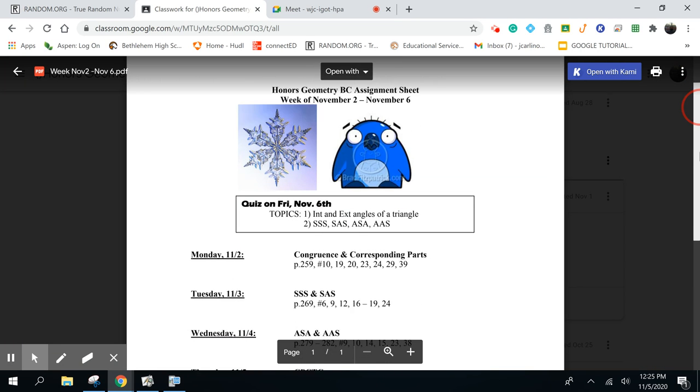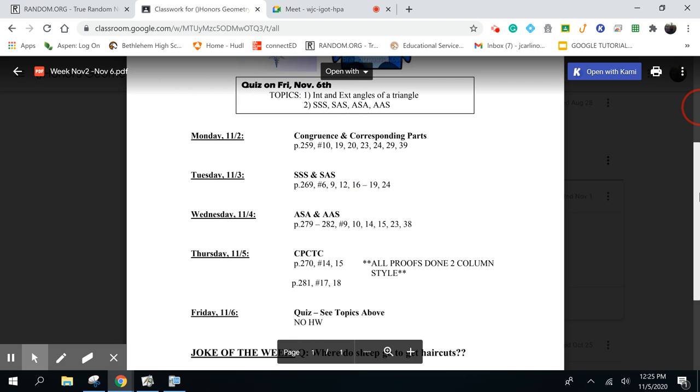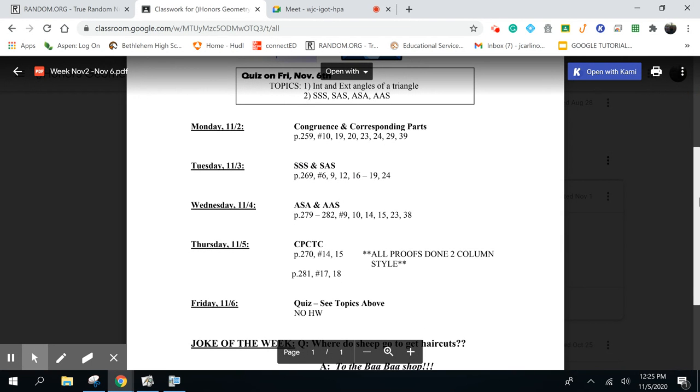Okay, tonight's homework out of the book. It's 4 problems. It's 4 proofs. These are not due until Monday, so that gives you tonight to prepare yourself for tomorrow's quiz. Okay, tonight's homework on the assignment sheet in your packet, 4 proofs, not due until Monday night.